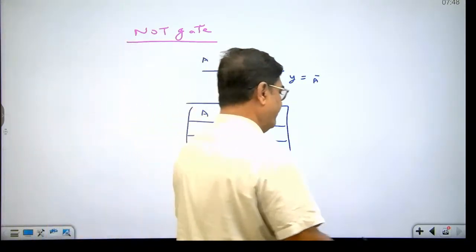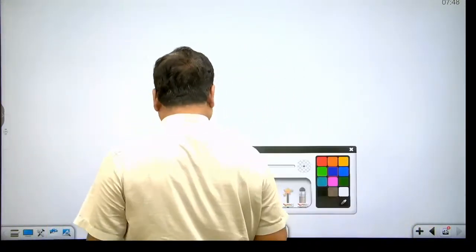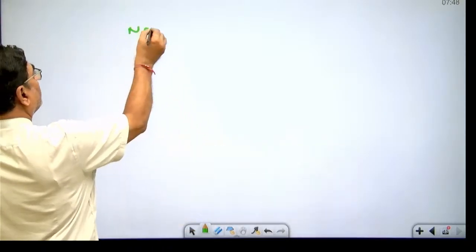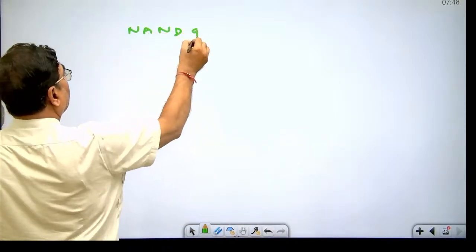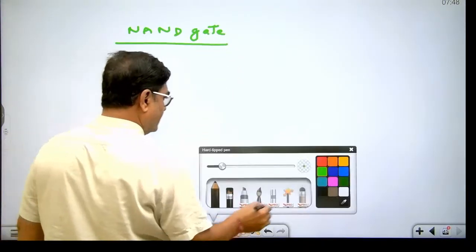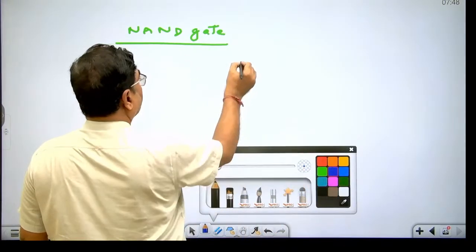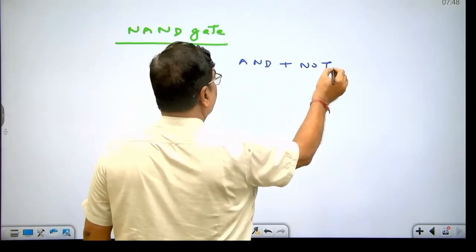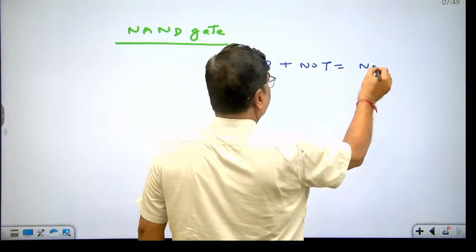Now, dear student, from the basic gates we prepare other gates also. Now let's see the NAND gate. NAND gate means what? AND plus NOT. That is the NAND gate.